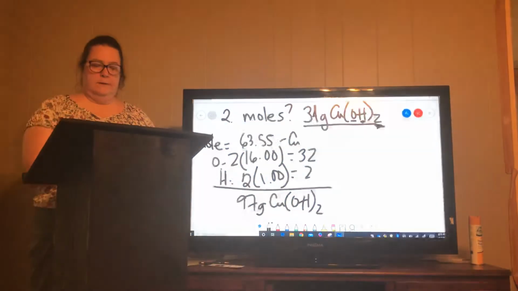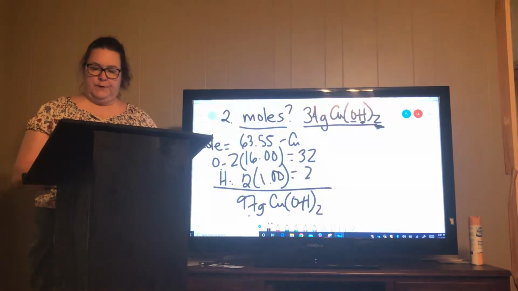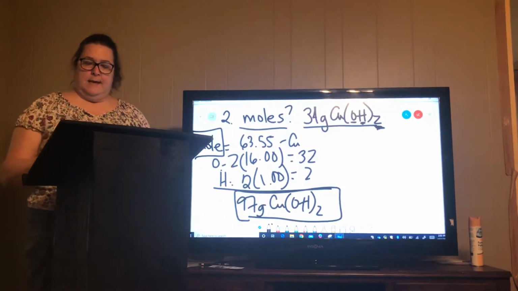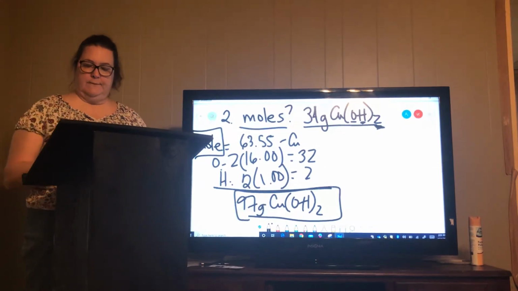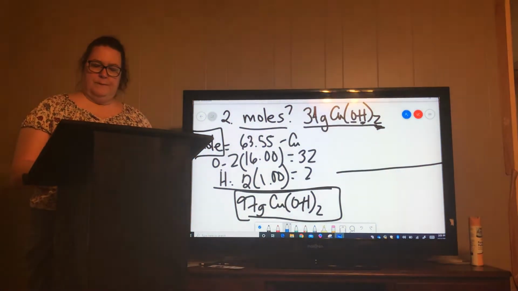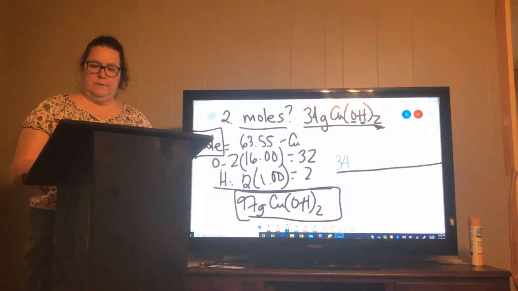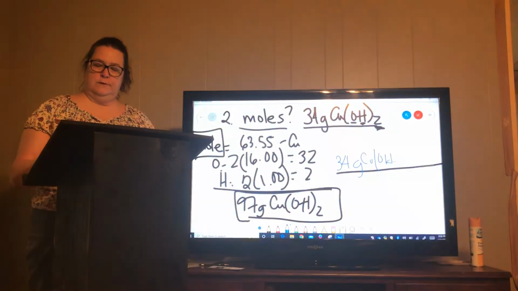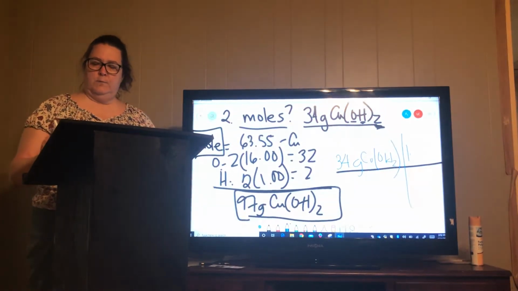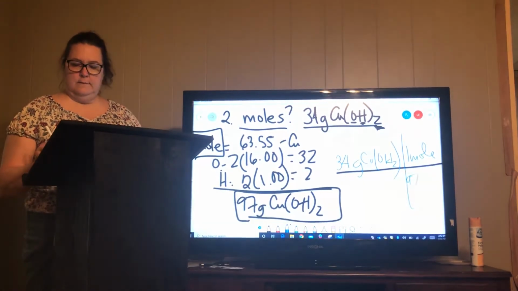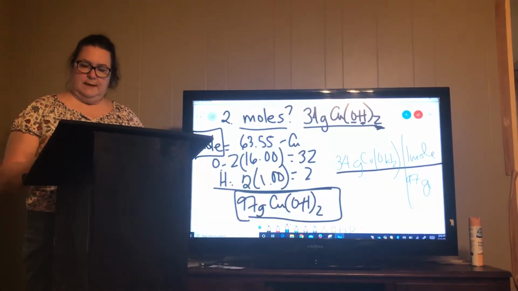So, it's wanting to know how many moles. Well, I know the grams of 1 mole, and I know I have 34 grams. So if I set up my dimensional analysis, I have 34 grams of CuOH2, and I know 1 mole is 97 grams of CuOH2.